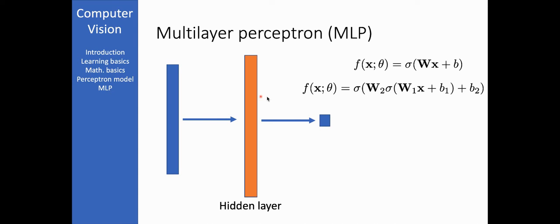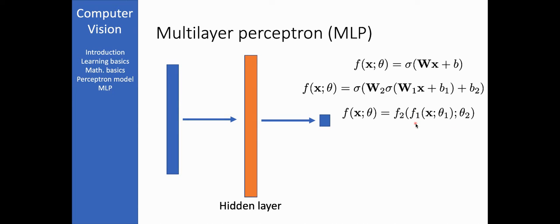So this transition and this transition are mathematically the same objects with different parameters. In the first one, I have W1 and B1, and in the second one, I have W2 and B2. This transition acts on the input, and this transition acts on the hidden layer, or the output of this first transition. So it's really a concatenation of functions.